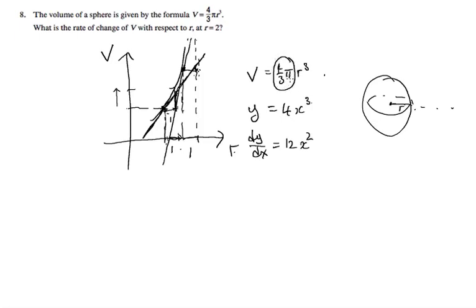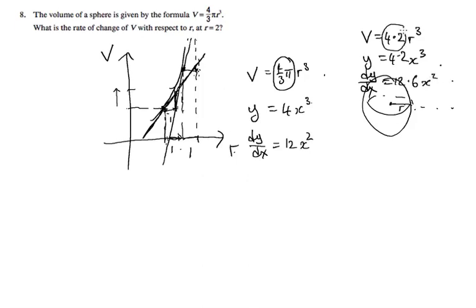This 4/3 of pi, remember pi is just a wee bit more than 3, so this would be just a wee bit more than 4, maybe about 4.2. We could say that it's approximately 4.2 r cubed. Now, if it was y equals 4.2x cubed, you would say dy by dx is 3 times 4.2, that's 12.6x squared.